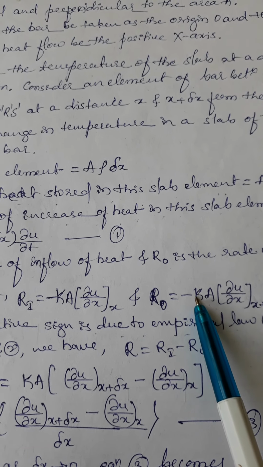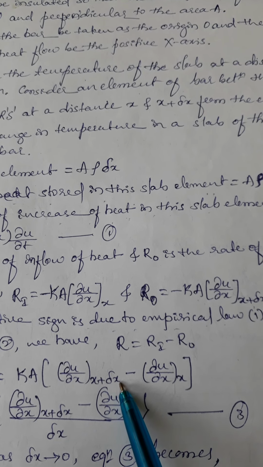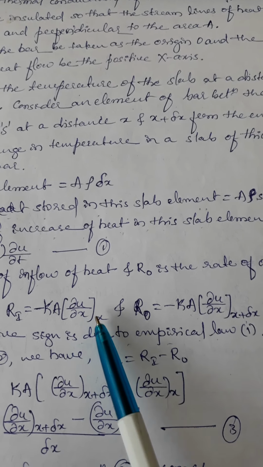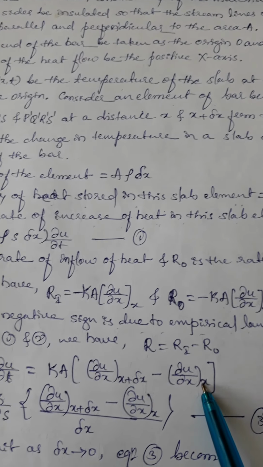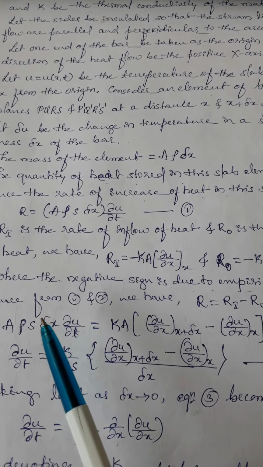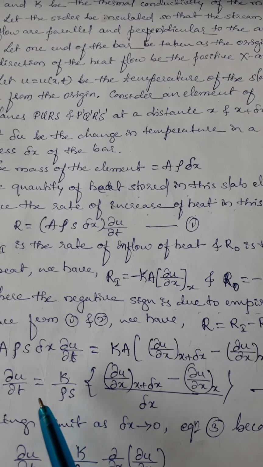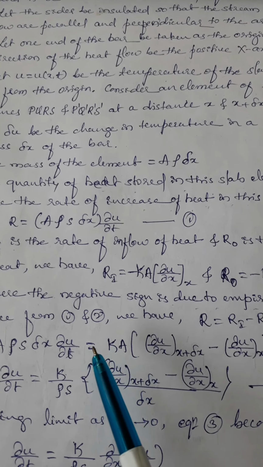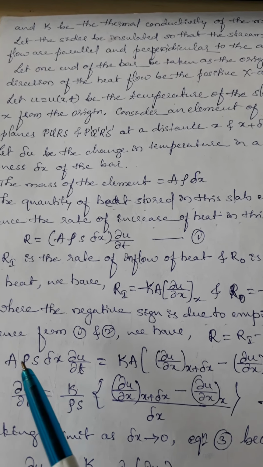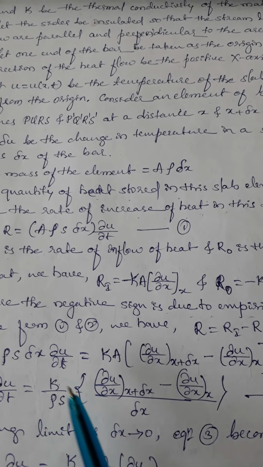Minus of minus is positive. First I will write dou U by dou x at the point x plus delta x minus dou U by dou x at the point x. Next, I will transfer the whole term to the RHS. Therefore, dou U by dou t equal to K, here A gets cancelled, K divided by rho S, and this delta x comes here.